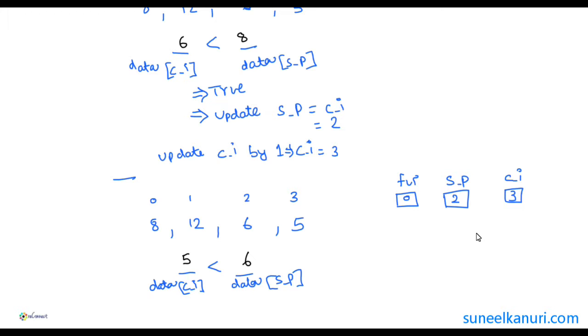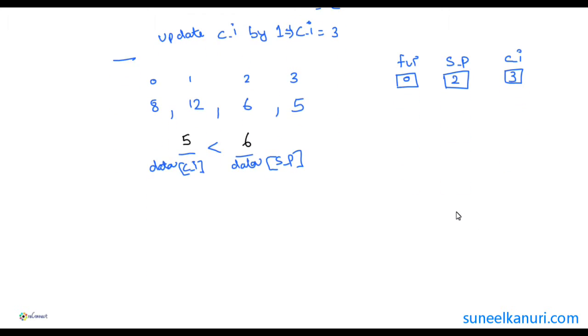And as we know, 5 is less than 6, which basically means we have to update our next assumed smallest position. So we're going to do that here. This is true. So we're going to update our next smallest position found to be whatever position our current index is pointing to, which is basically 3.